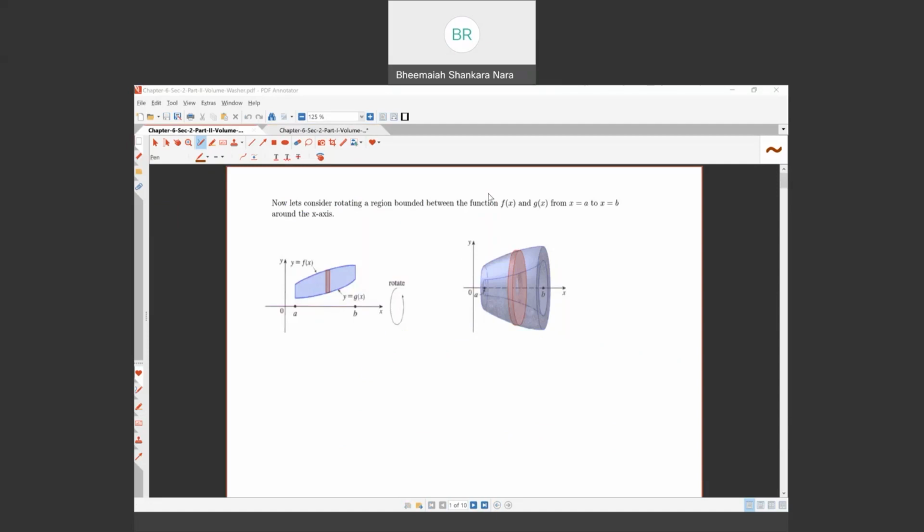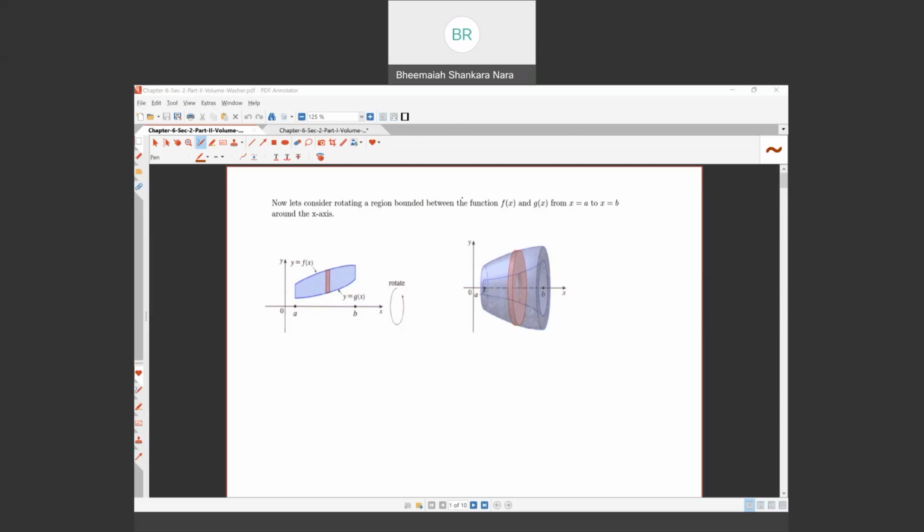Now we do the washer method. Let's consider rotating a region bounded between the curves f of x and g of x from x equal to a to x equal to b around the x-axis.